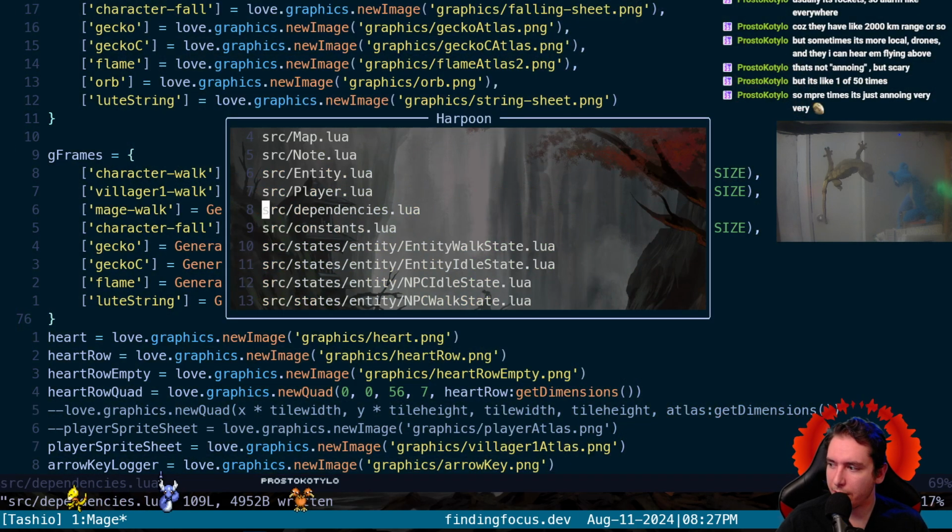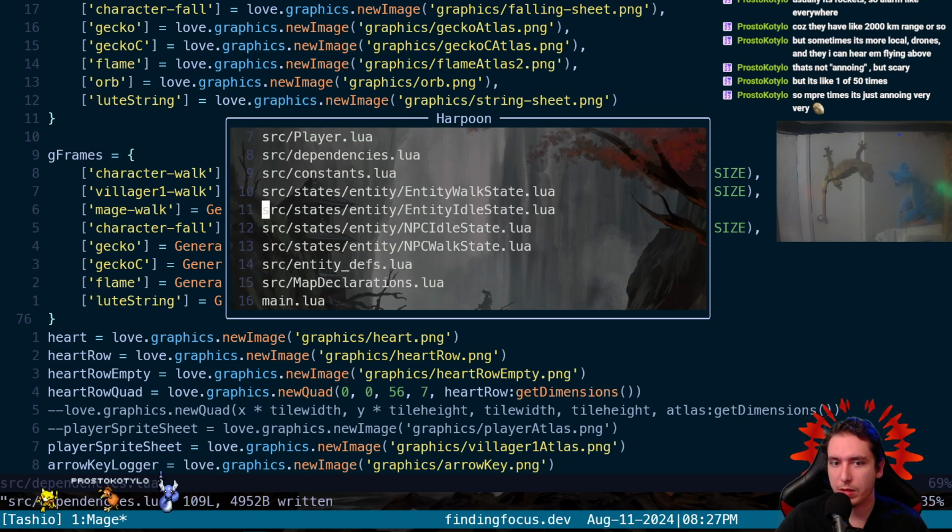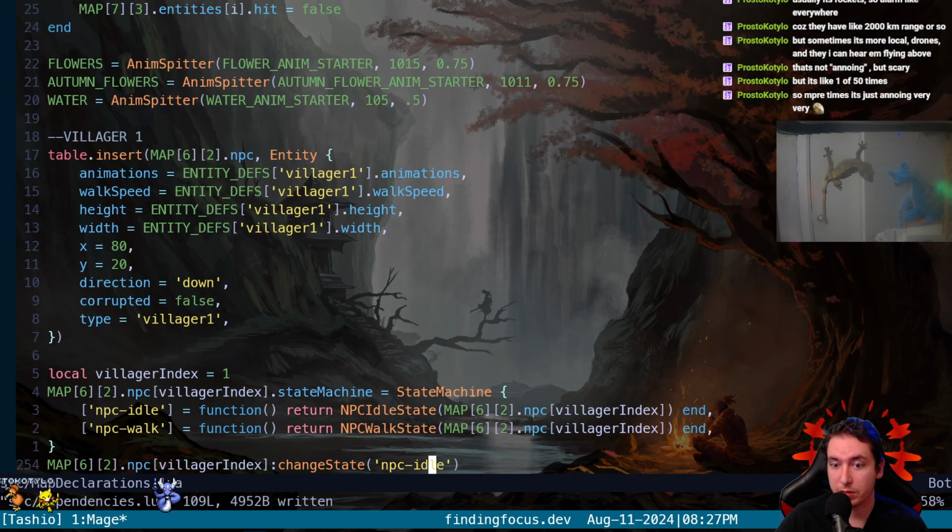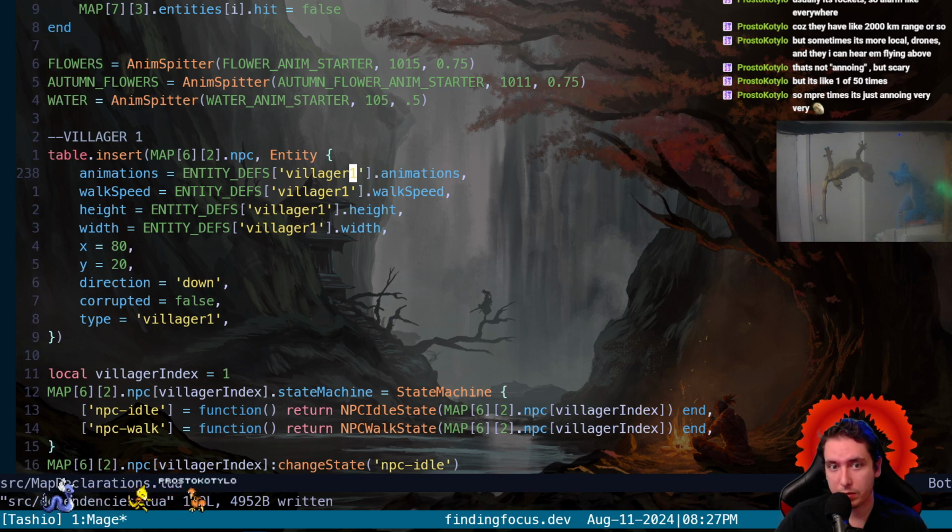Let's just try to change our NPC into a mage. So we'll do that by going into our declarations, and we'll say that the animations we're going to snag entityDefs.